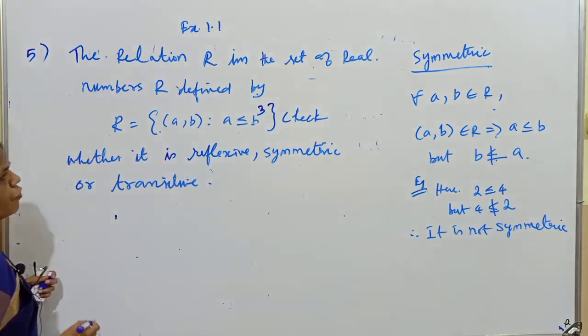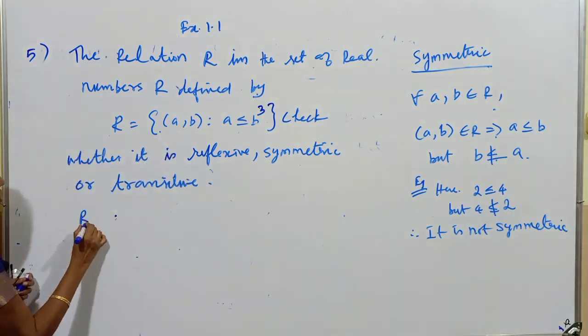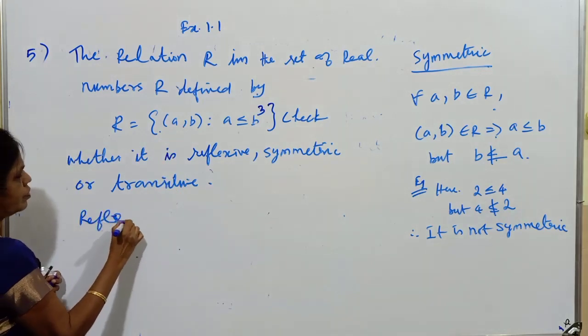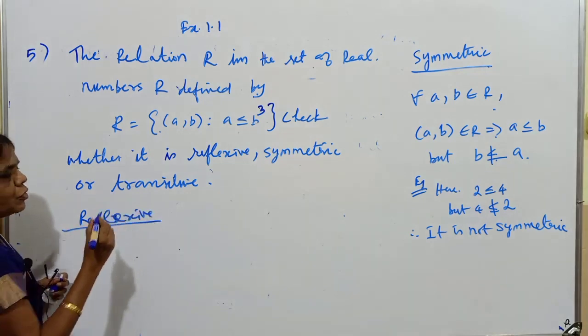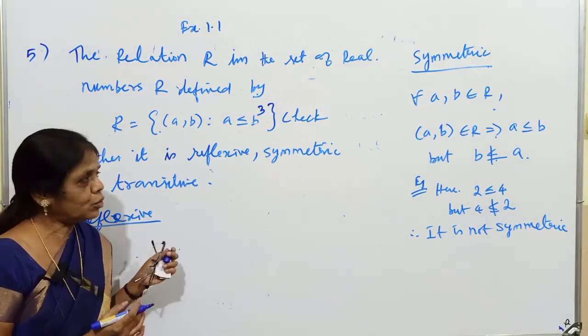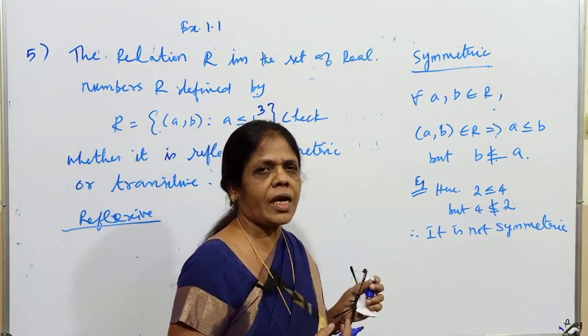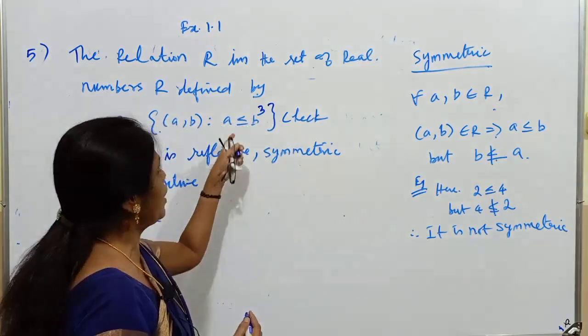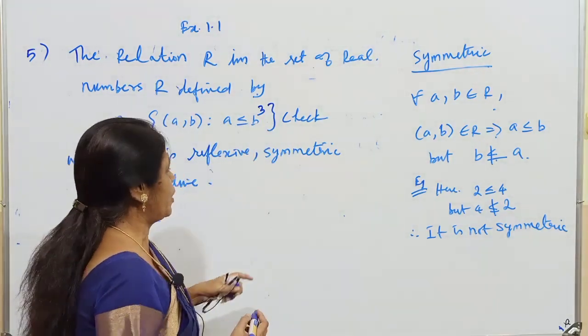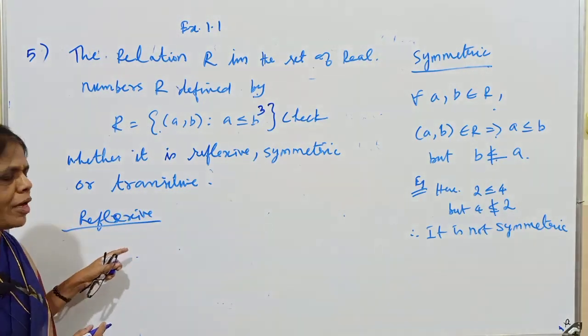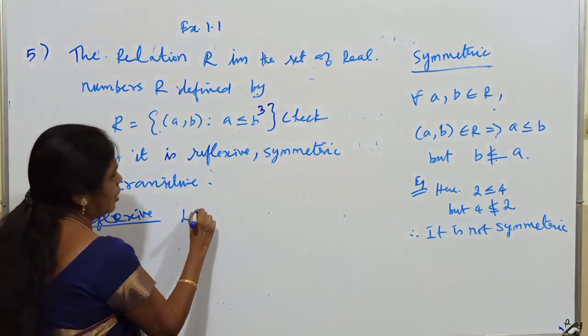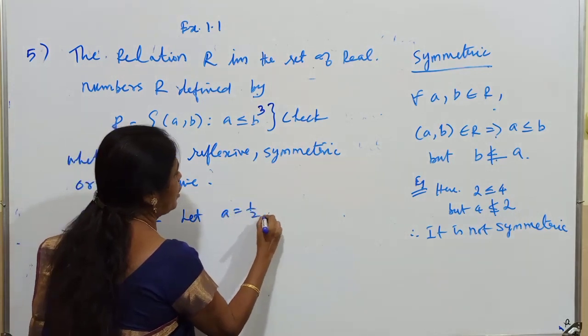Right. Now we are going for reflexive. So I told you, to say that it is not true, just take an example. Whenever a less than or equal to b cube or b square comes, for reflexive you take the number a equal to 1 by 2. Let a equal to 1 by 2.